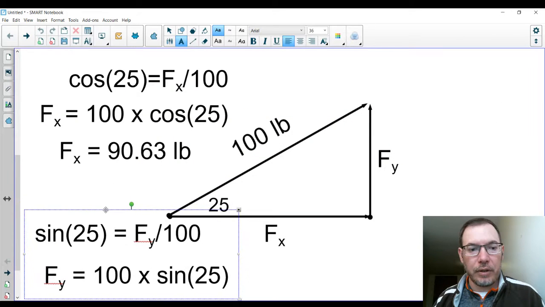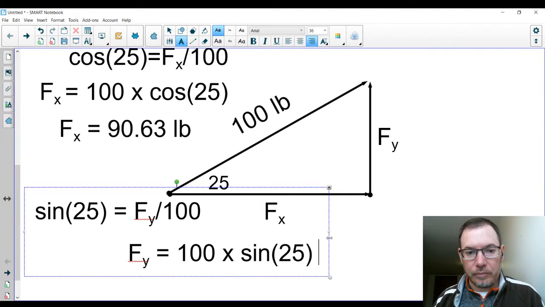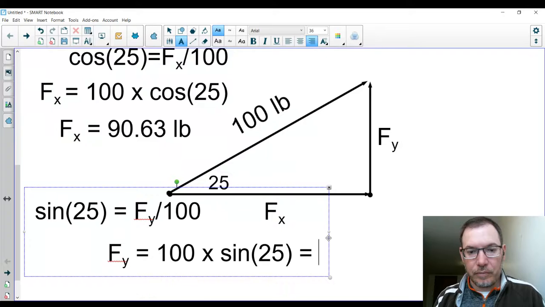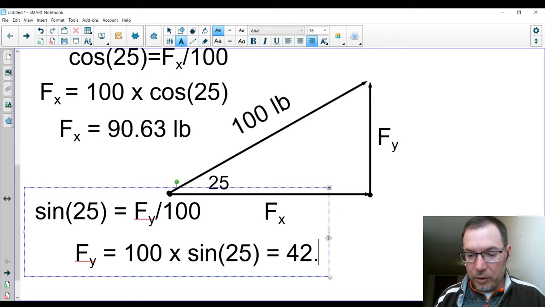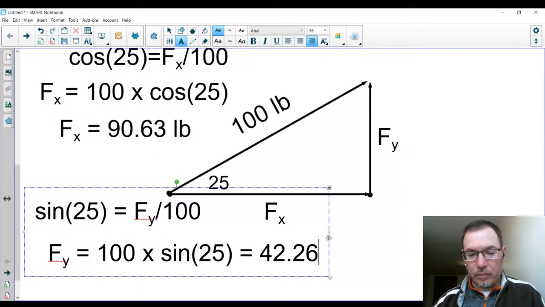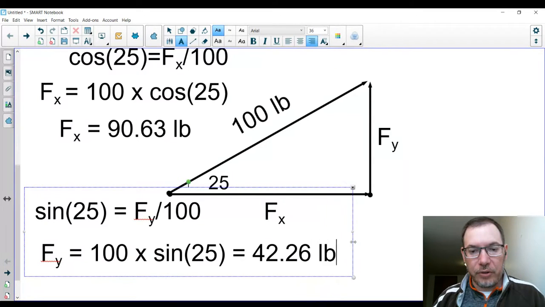Then we could plug that into our calculator and find out what that value actually is. So for that one, we get 100 times sine of 25. Again, we're just putting this in the calculator. You do want to make sure that you're in the correct mode, which is degree mode. So we get 42.26. That's how much force we're feeling in the vertical direction.